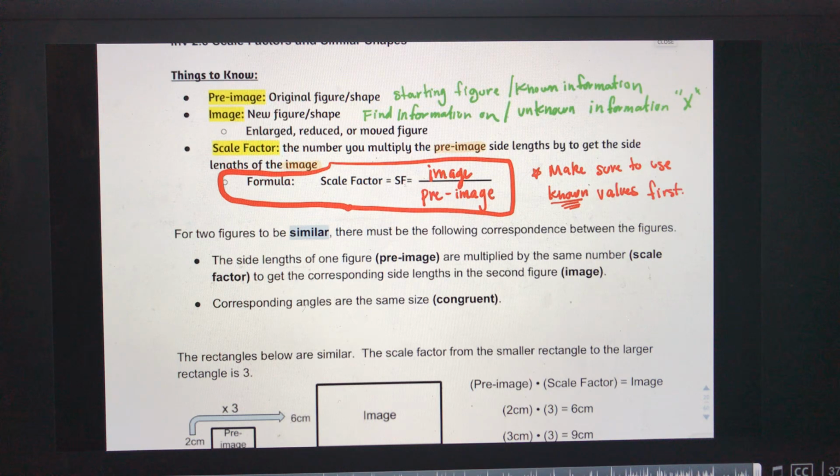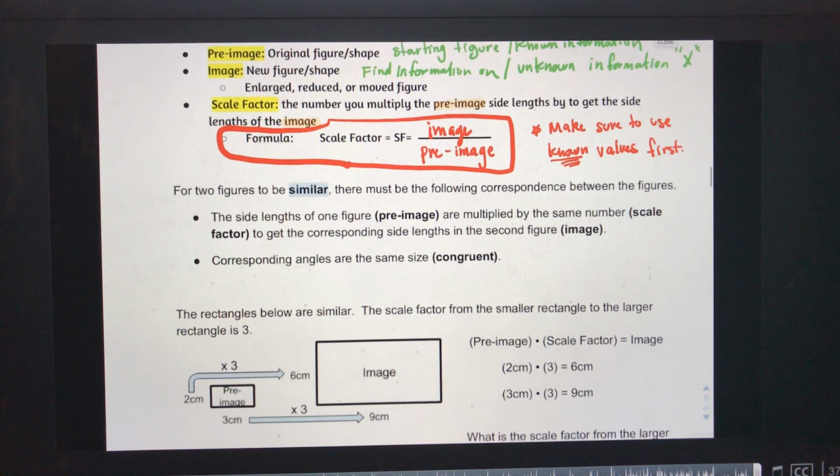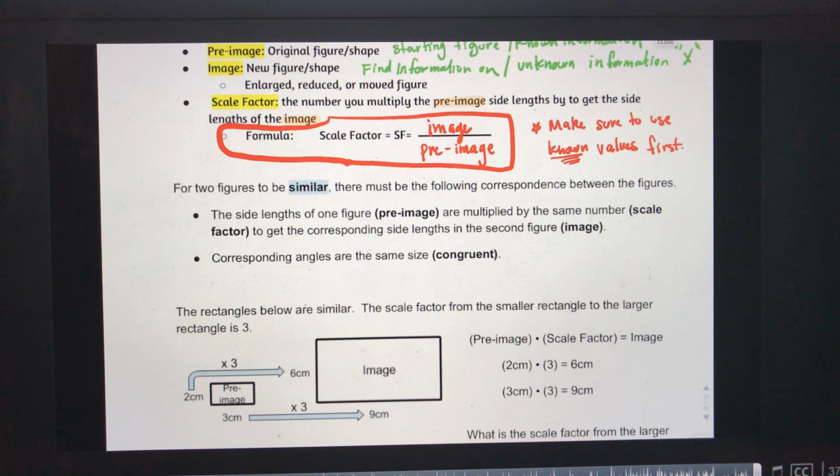You have to use the ones where numbers are available to you. And you're going to be comparing, whenever you put the image and the pre-image numerical values there, you must always use corresponding side lengths.